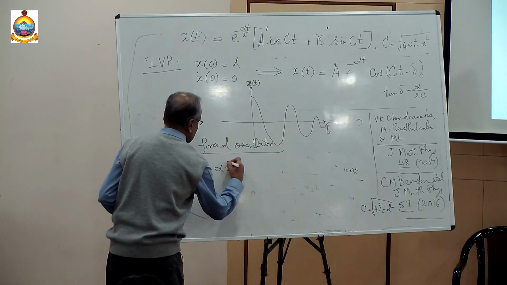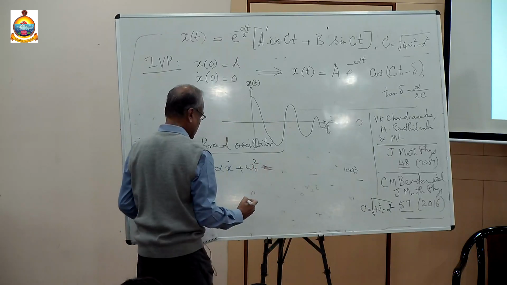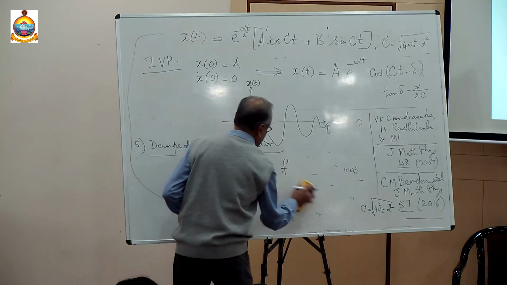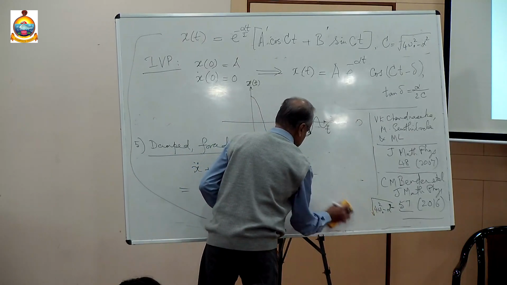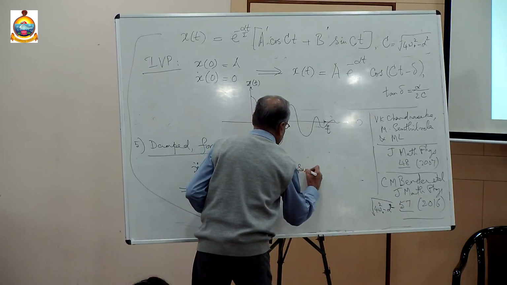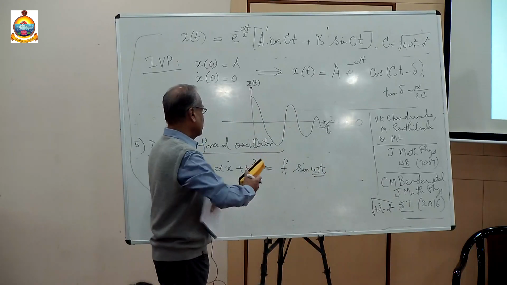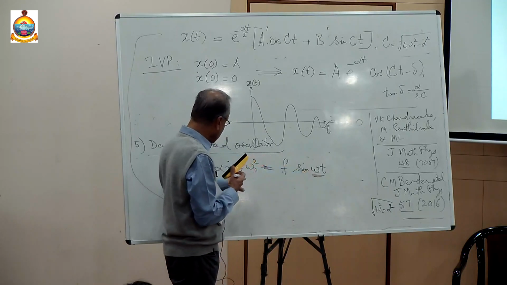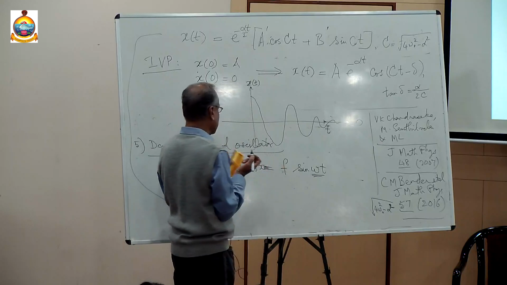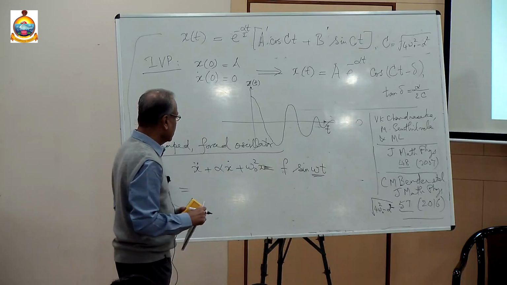So I have x double dot plus alpha x dot plus omega naught square x equal to the external force, impressed forcing, applied forcing, which I take as periodic, f sin omega t. Now the frequency of the impressed force is omega, whereas the natural frequency is omega naught. Okay? So these two are in general different.